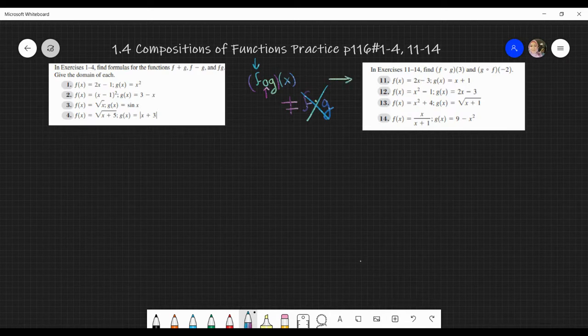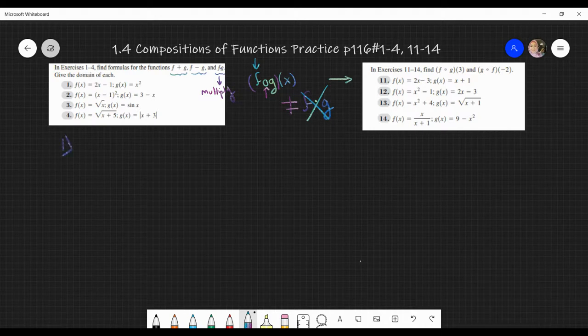Now, questions 1 through 4 ask you to do very traditional operations like adding the functions, subtracting the functions, and when you see f g right next to it, that means there's a dot in between, and this simply means multiply them. So in the first set of problems, we're just doing very traditional operations.